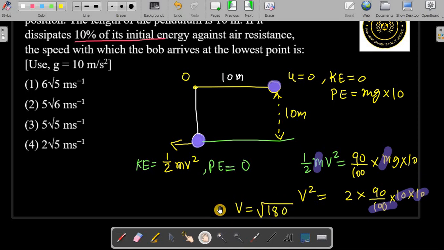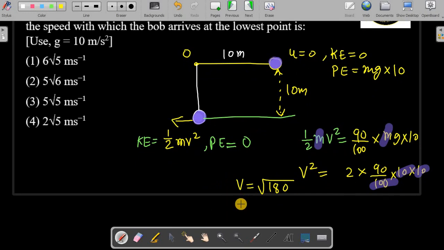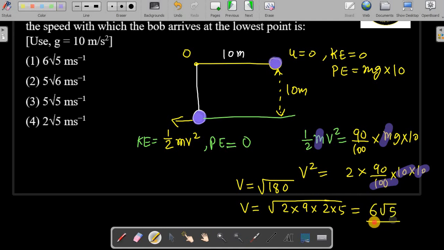Now here we can try to break it into factors, isn't it? So 2 into 90. 90 can be written as 9 into 10. 10 can be written as 2 into 5. So certainly 2 will come, and 9 into 4 is 36 will come, and root 5 will come. So 6 root 5, that's the correct answer, isn't it?